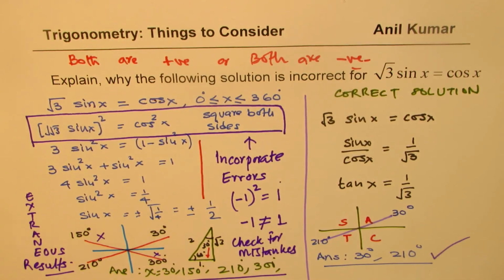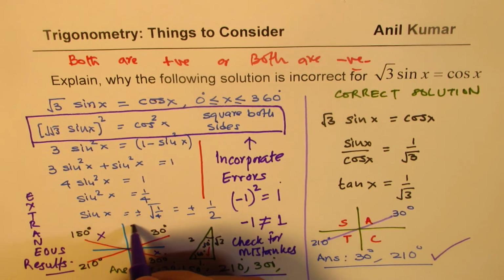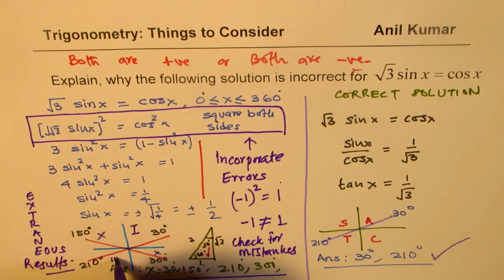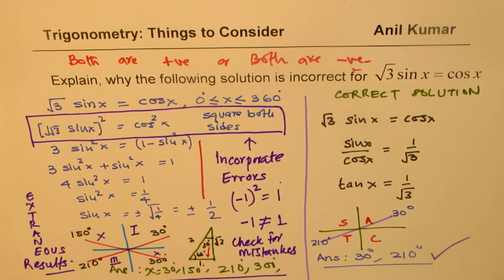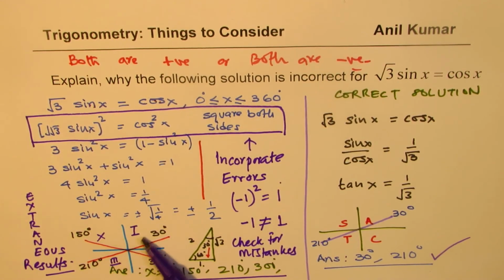So you only expect answers in quadrant 1 or in quadrant 3. That could be an easy check for you. Do you understand? These are very important things to consider when you're providing solutions, in trigonometry or any other branch of mathematics. I hope that makes sense.